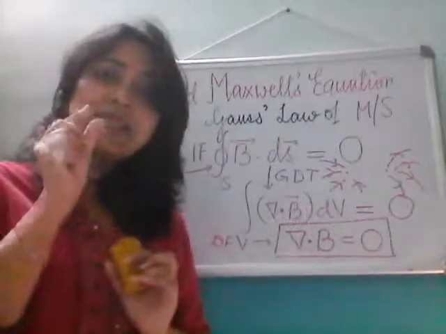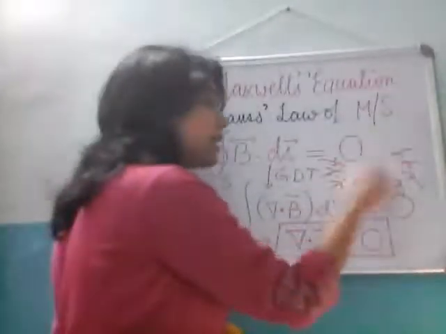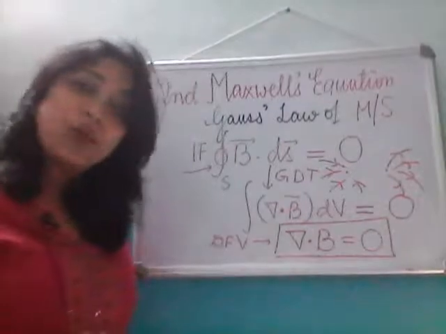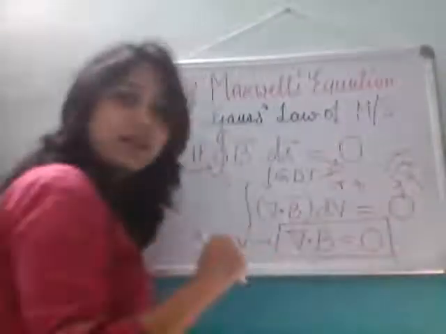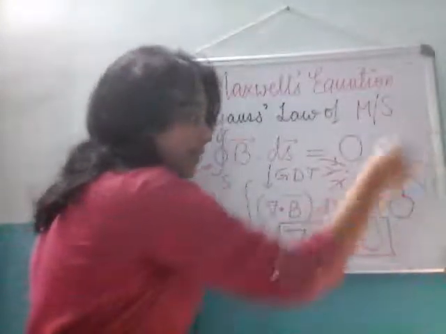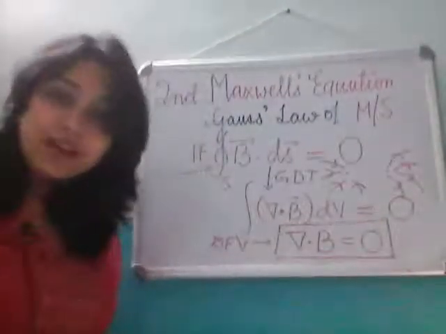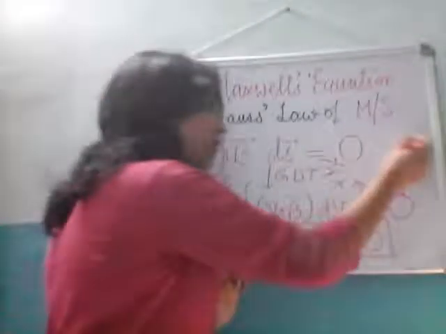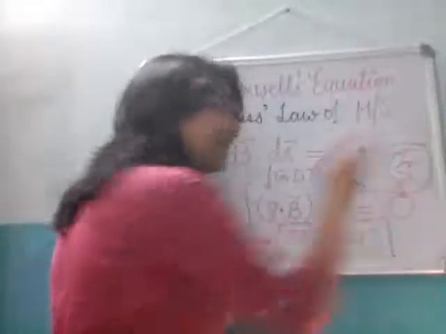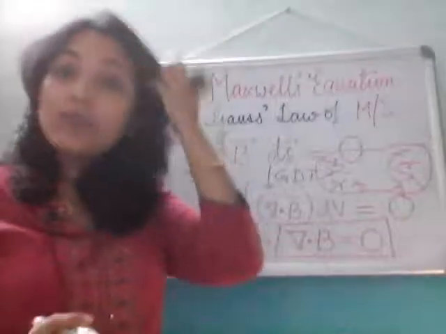So if within the same system I have a source point and a sink point, whatever is going out will be coming in through the sink. The source gives out the flux, the sink attracts all the flux, and overall I will see that the magnetic flux will be 0.